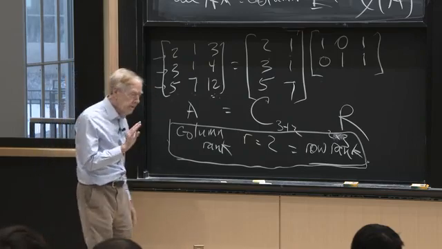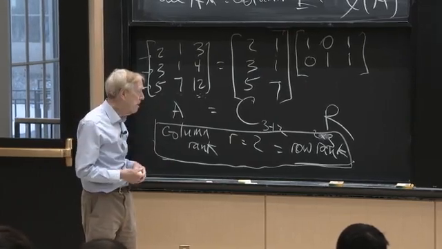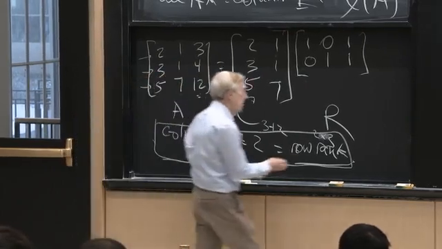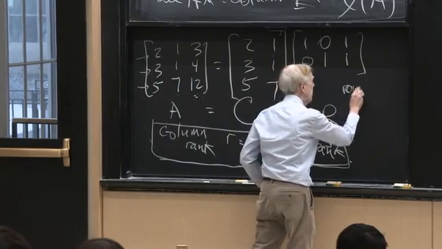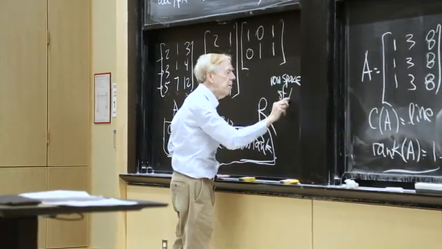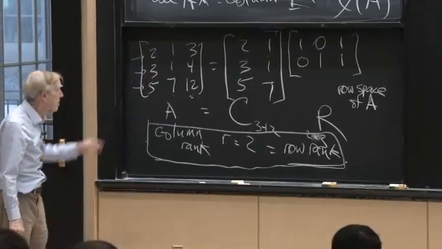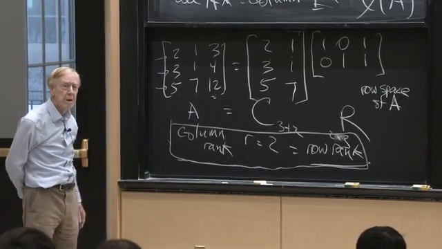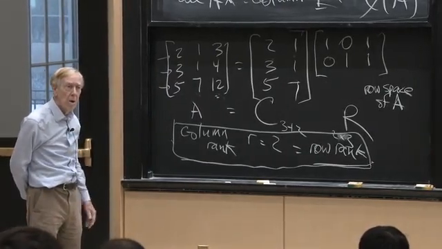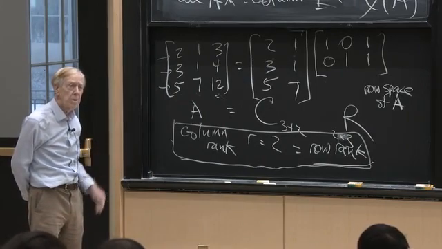Now, maybe just so we don't get a whole new letter for the row space, for me, the row space of a matrix, first of all, tell me in words what it is. What's the row space of the matrix? All combinations of the rows.